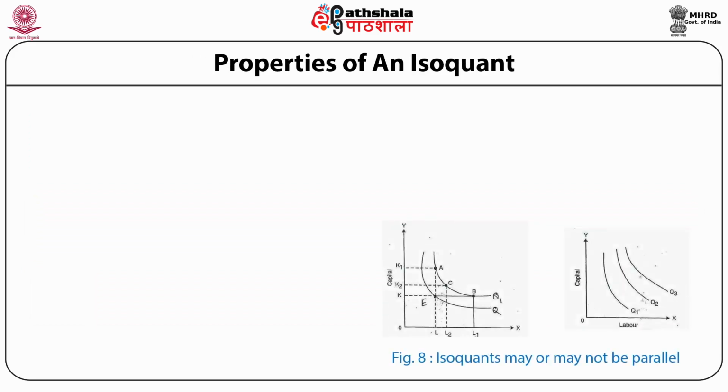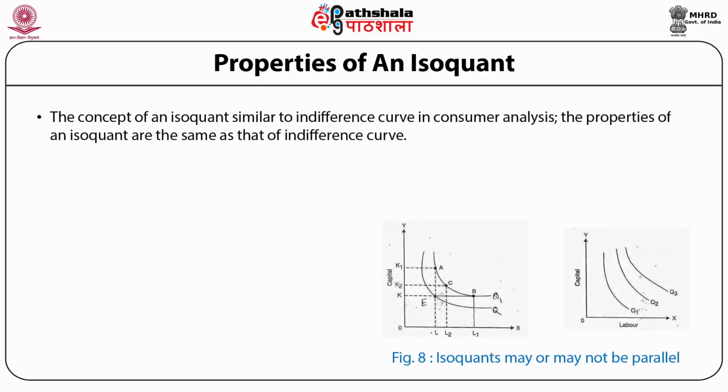Properties of an isoquant. The concept of an isoquant is similar to the indifference curve in consumer analysis. The properties of an isoquant are the same as those of the indifference curve. Following are the important properties of isoquants.